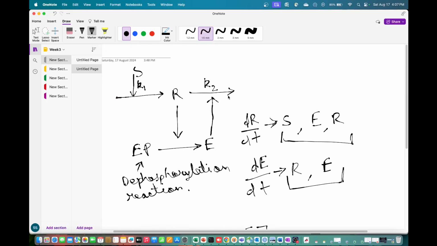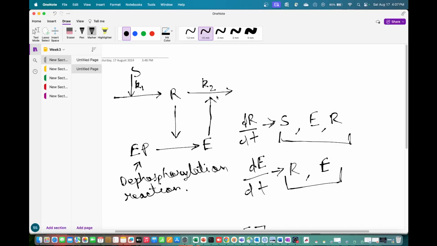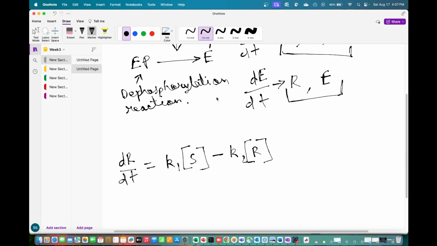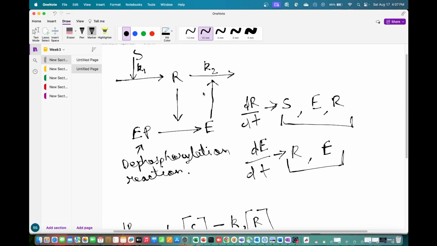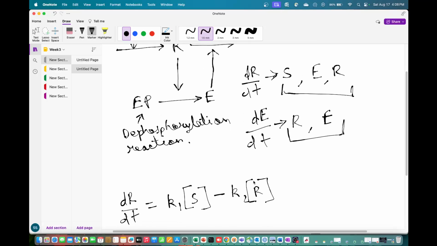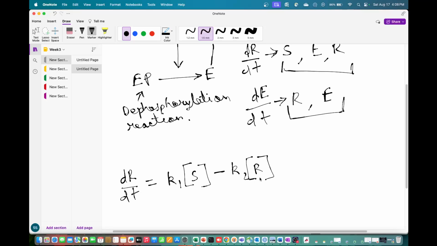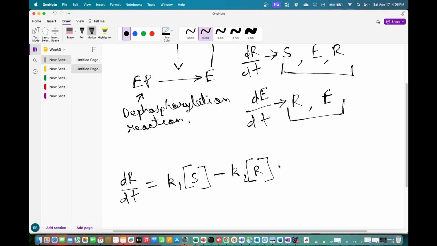Because R is getting degraded with the rate of K2. Another way to look at this is that R is activating E, which is degrading R as well. So we have to bring the E factor into the equation as well. We have taken S and R. Now how do we deal with E?